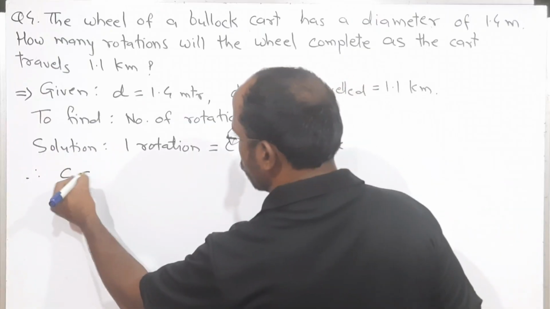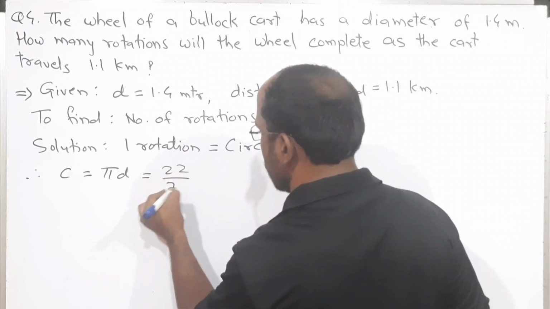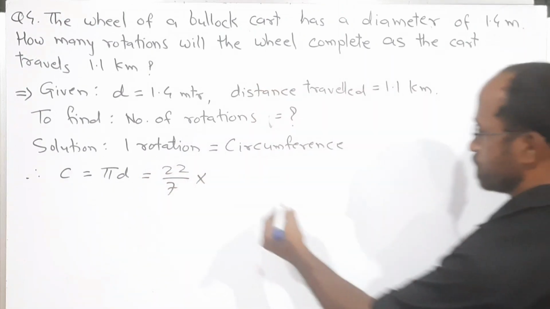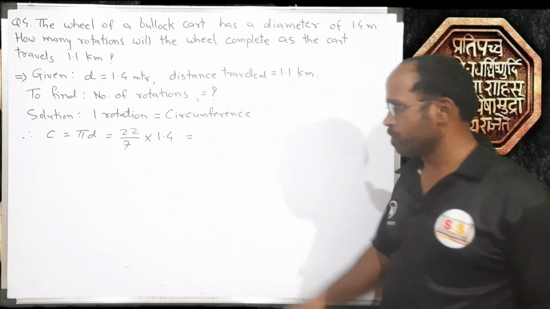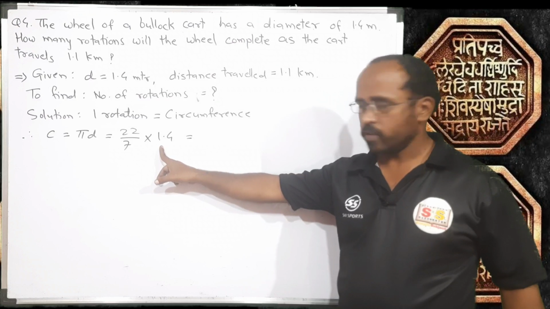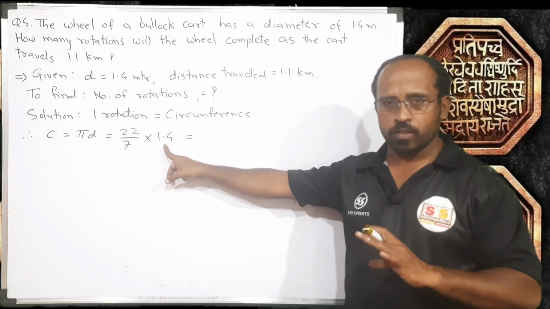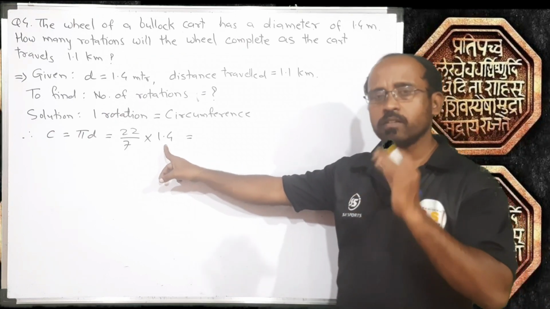So one rotation is equal to circumference. C is equal to pi d, which is 22 upon 7 multiplied by 1.4 meter. Now to remove this decimal point, we have to multiply by 10, and multiplying by 10 will change the value. So we multiply by 10 upon 10 because 10 upon 10 is 1.